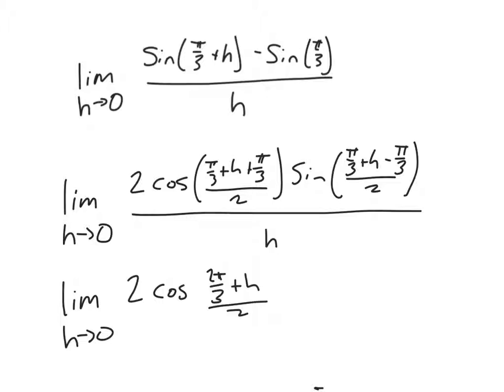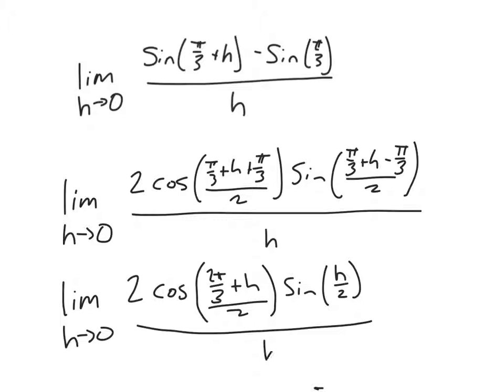And then over here we just have sine of, the pi over 3's are going to subtract to 0, so we end up with h over 2 right here. Okay, now we're in great shape. But let me move to a clean slide so we can finish this thing off.